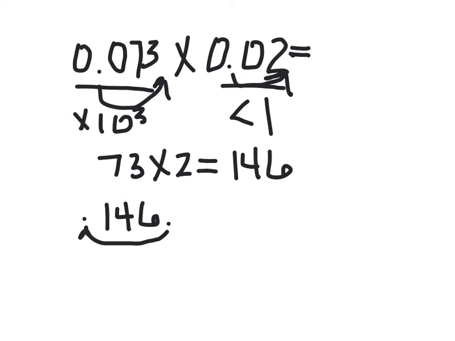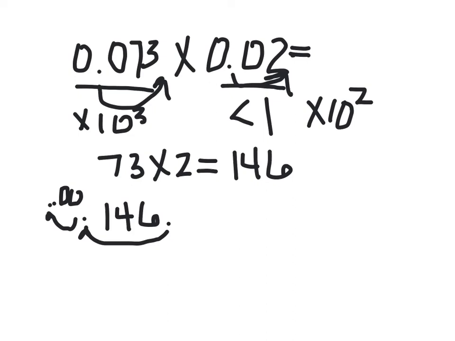Then we also changed 0.02 to 2. We multiplied by 10 to the second power up here. So to undo that, we're going to divide by 10 to the second. If we divide by 10 to the second, we're going to move that decimal an additional 2 more places to the left. Put some zeros in here.